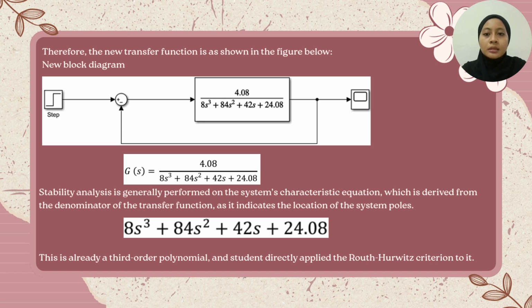Stability analysis is generally performed on the system's characteristic equation, which is derived from the denominator of the transfer function as it indicates the location of the system poles. 8s cubed plus 84s squared plus 42s plus 24.08 is already a third-order polynomial, and students directly apply the Routh-Hurwitz criterion to it.